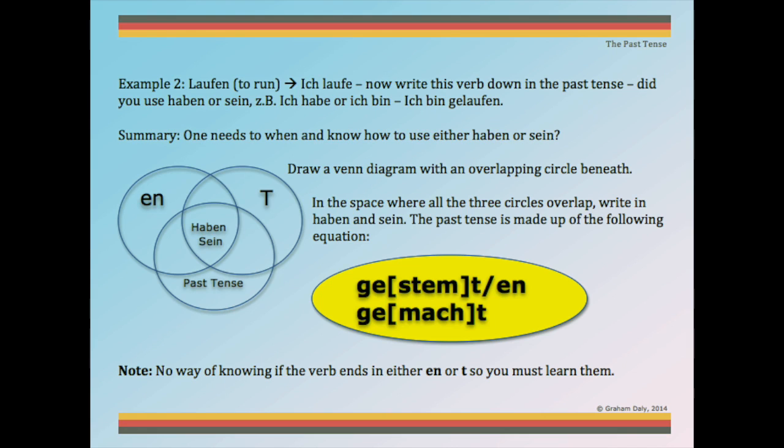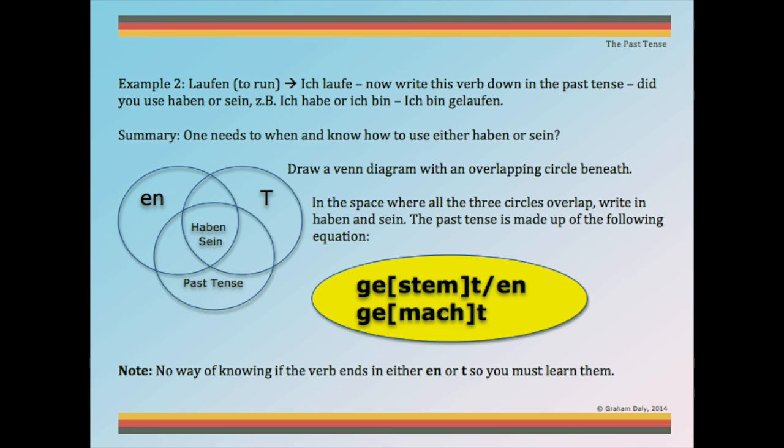Now, in the space where all 3 circles overlap, in the center, where the EN circle, the T circle, and the past tense circle all share the same space, you are going to write in 2 words, haben and sein.